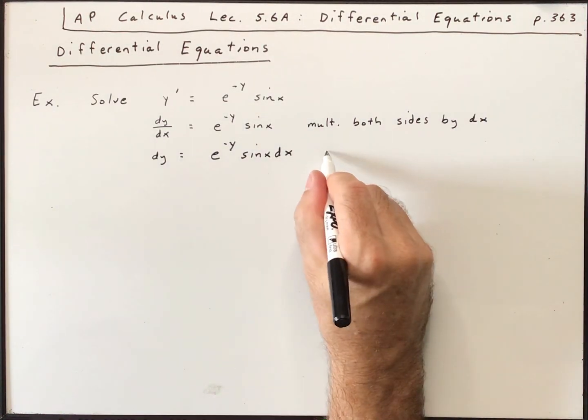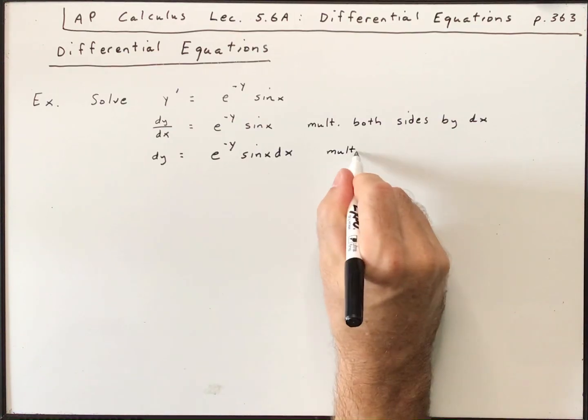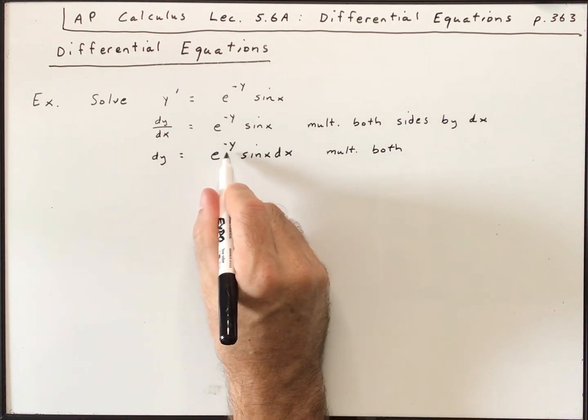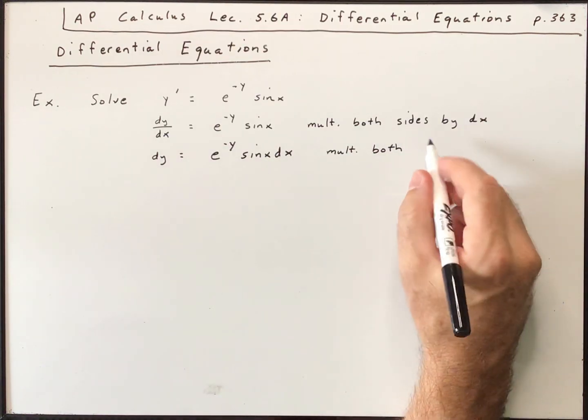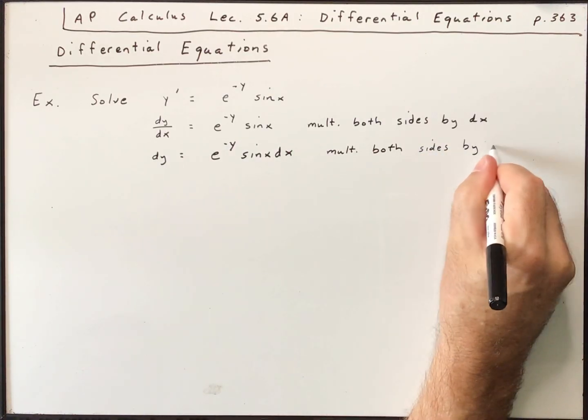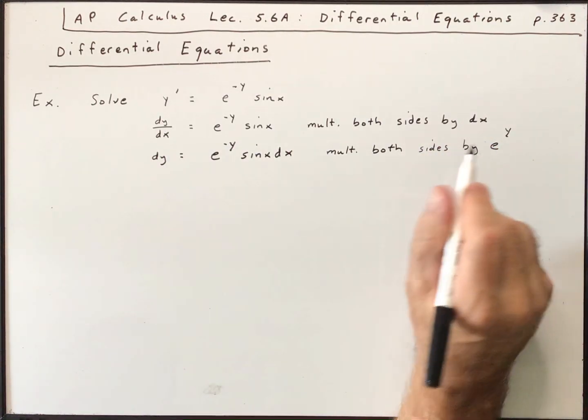Now let's multiply both sides, because I want to eliminate the e to the minus y, the y term on the right side. I want to move it to the left side. So let's multiply both sides by e to the y.